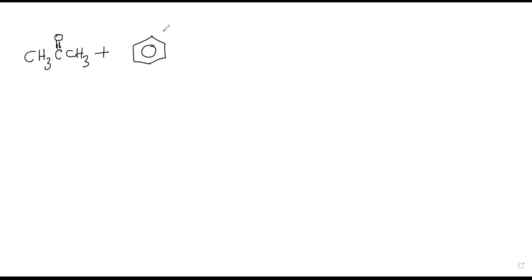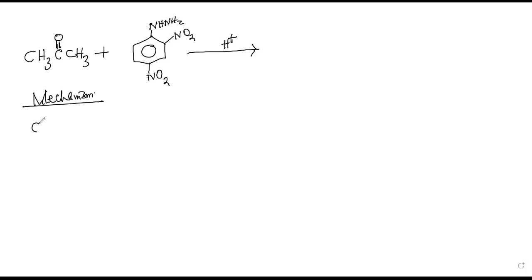2,4-dinitro: the nitro group is on the second carbon and on the fourth carbon. Dinitrophenylhydrazine, so the hydrazine group is here. This one will now be reacting with this. The mechanism gives you the whole thing.